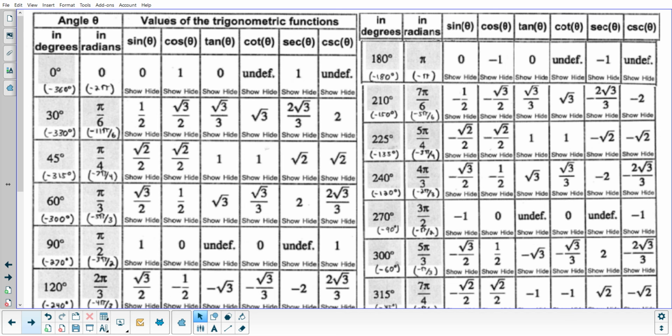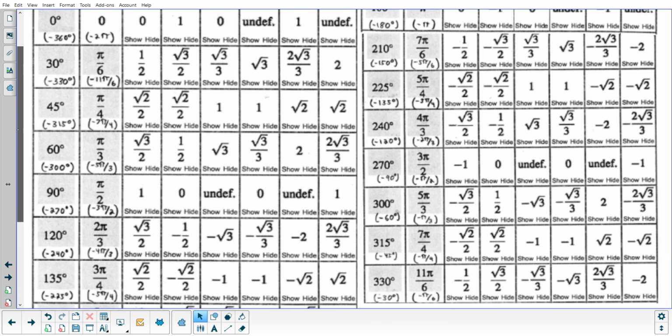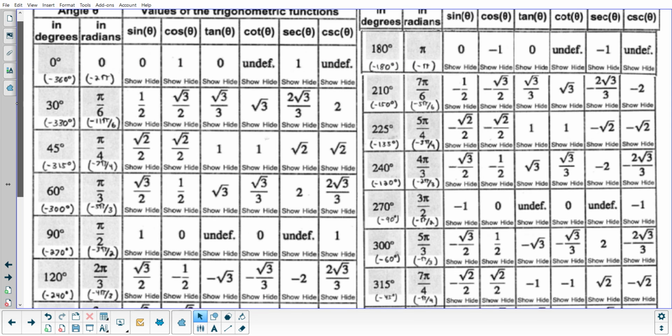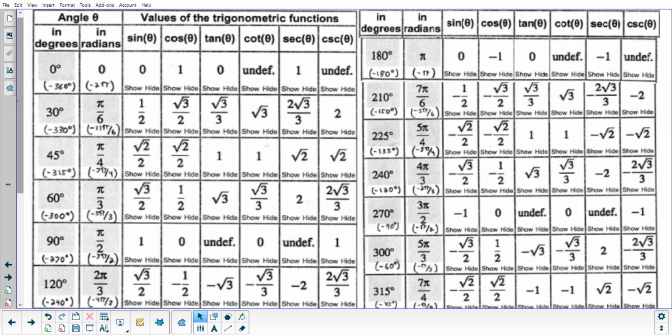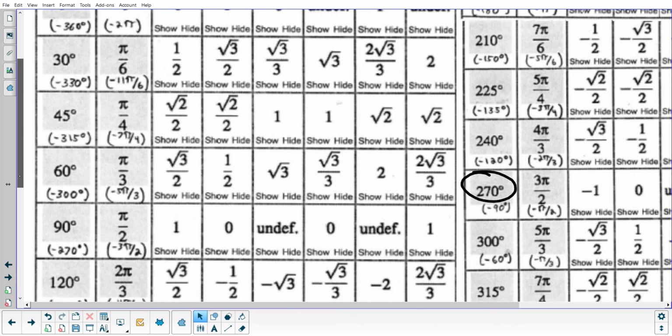So Devin, if we go down the sine column, where do you see -1? I don't think I see it on the left, so let's look over on the right side. 270 degrees. Yep, 270. And what's that the same as a negative angle? -90.